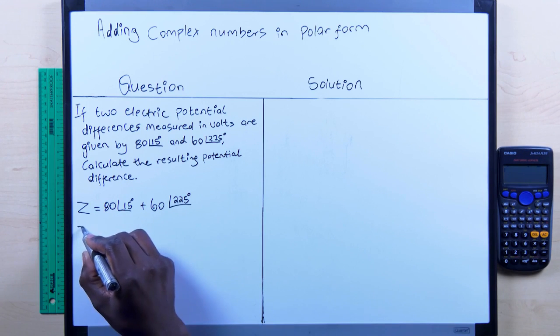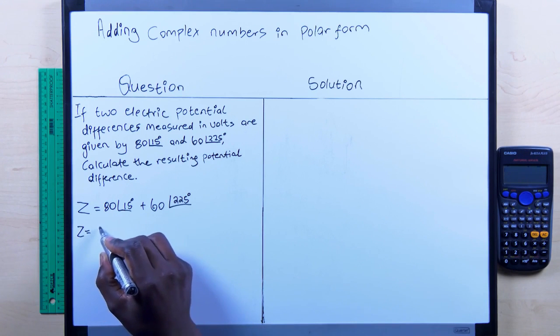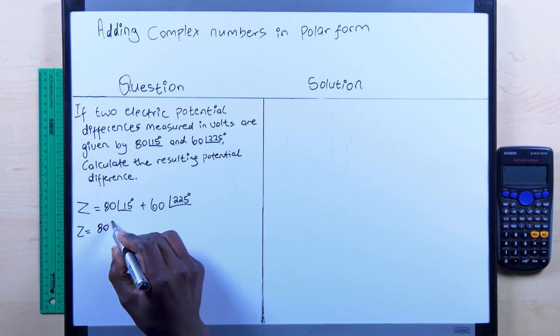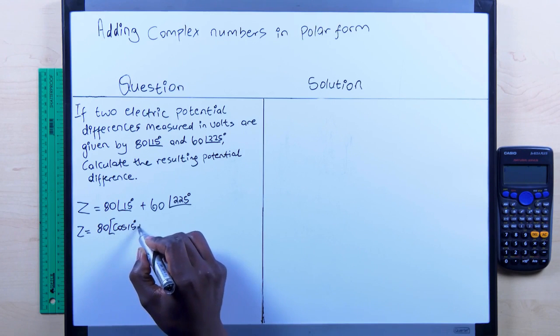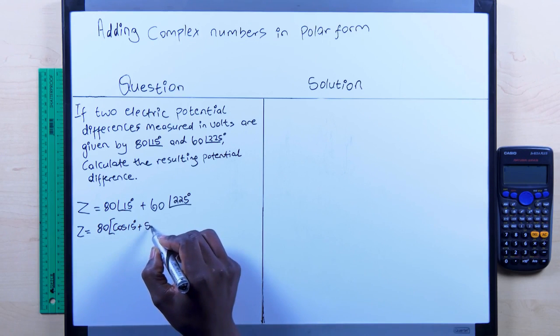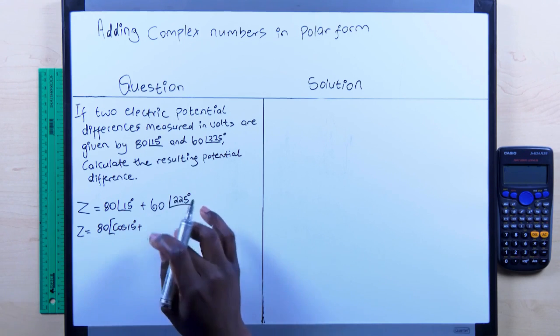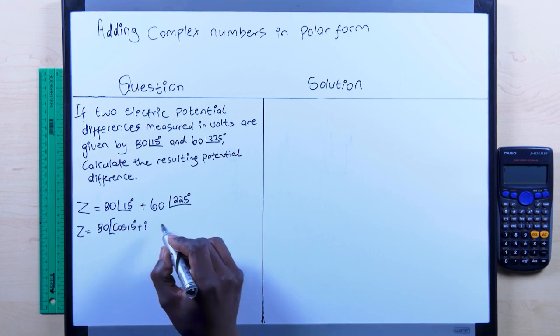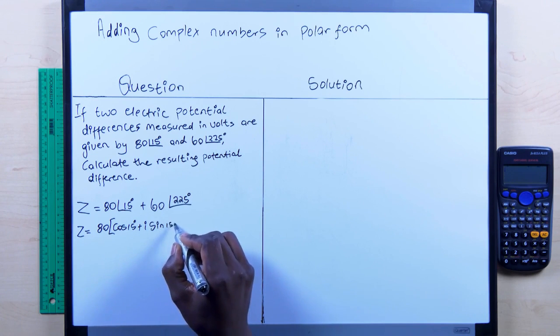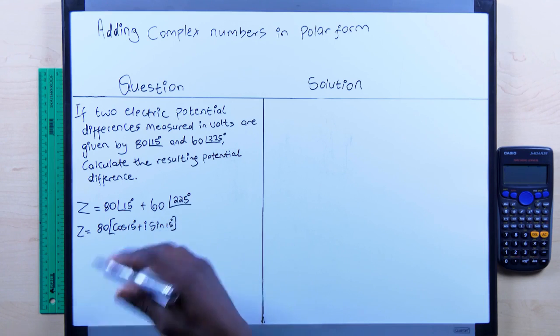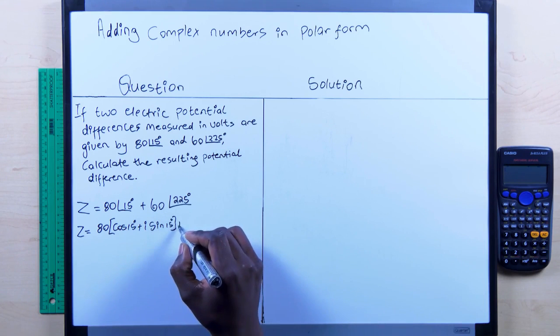Furthermore, we know that Z is also equal to, in this case, 80 open bracket cos 15 degrees plus, actually first multiply by i because it's imaginary, i sin 15 degrees. The same applies for this second part.